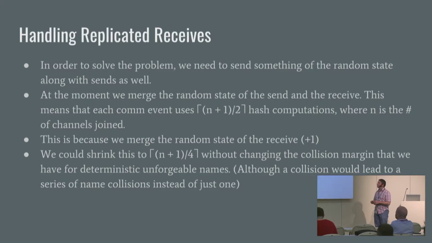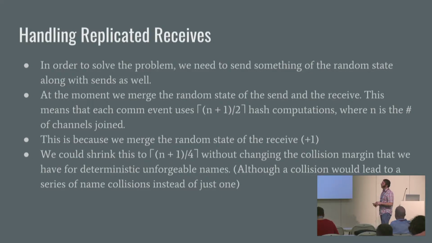And so the solution that we came up with necessarily means that when you have things that produce sends, you send some random number generator state along with those as well. That part of the solution is inescapable because otherwise everything is determined.